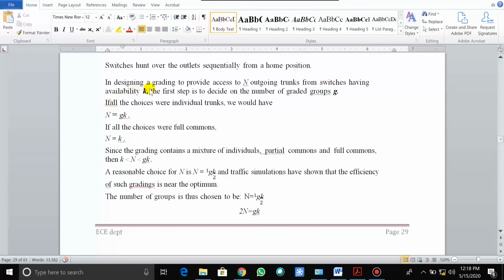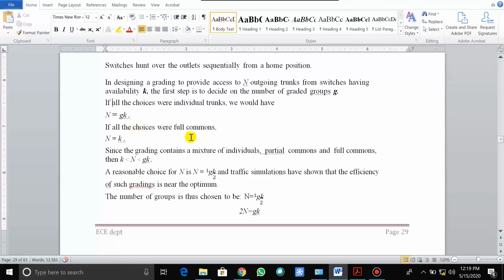In order to design the grading to provide access for N outgoing trunks from a switch of availability K, the first step is to decide the number of grading groups, that is G. If all the choices were individual trunks, we have N equal to G times K. N is the outgoing trunks, G is the grading groups, K is the availability.